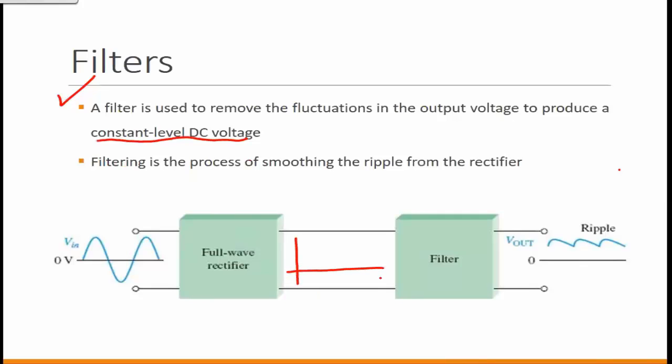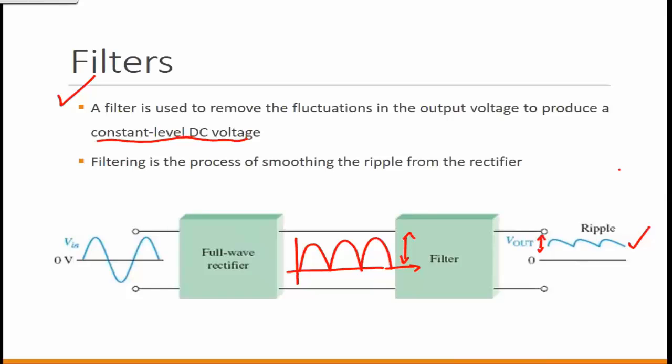So for example, the signal of full wave looks something like this. When this signal passes through the filter, the outcome of the filter looks like something like that, where here the fluctuations are very high.